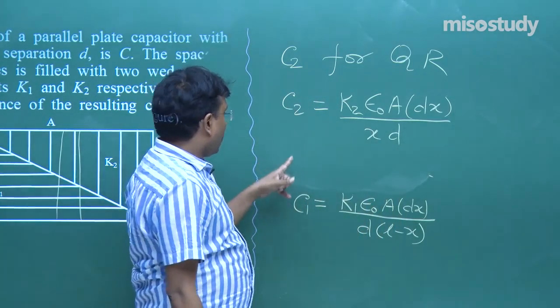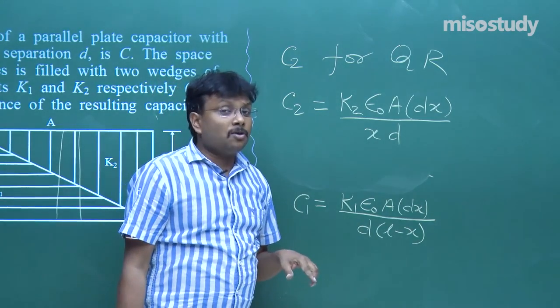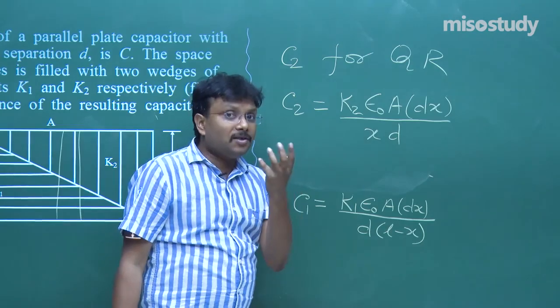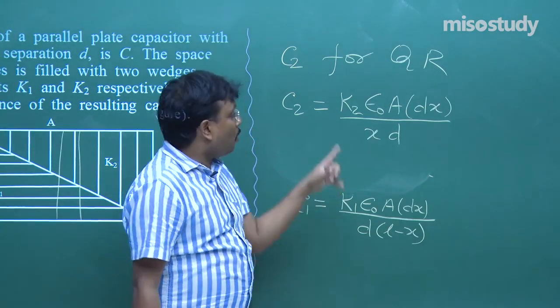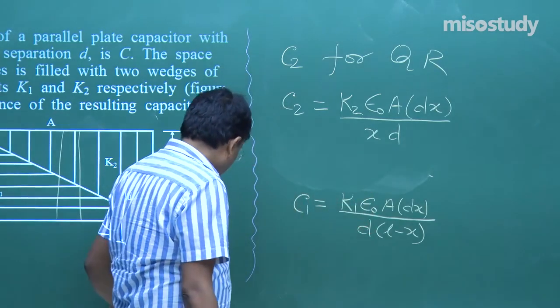Now, as I mentioned over here, C1 and C2 are connected in series. Series means the net capacitance is 1 upon C net is equal to 1 upon C1 plus 1 upon C2.